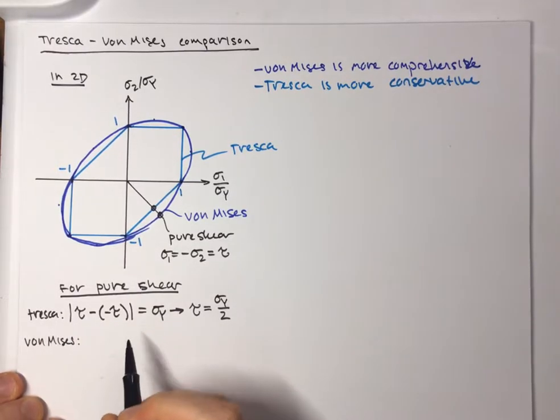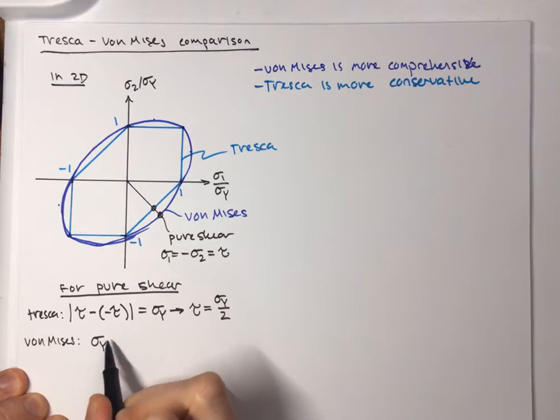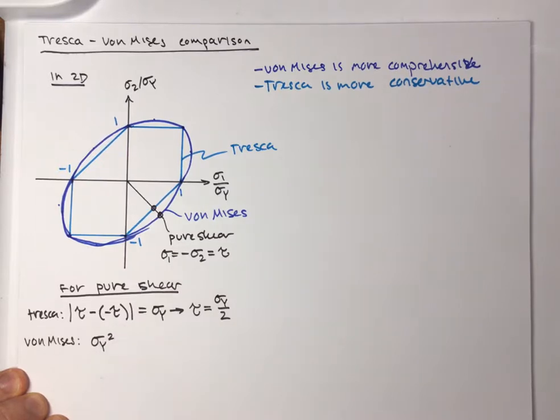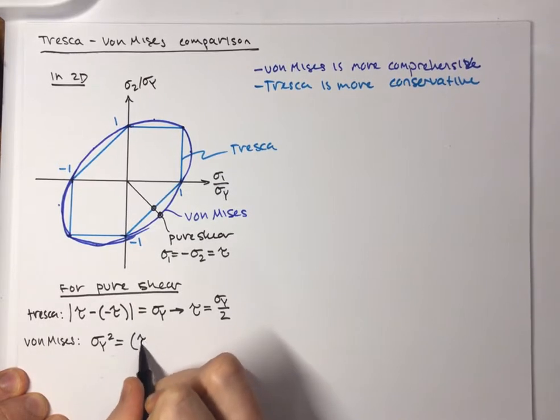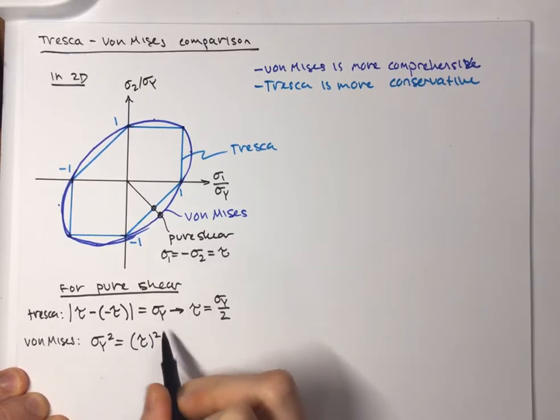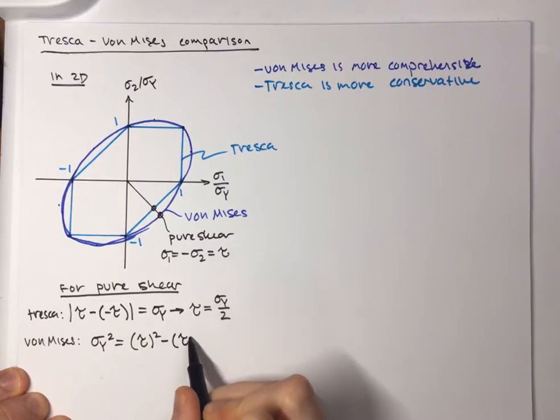And we said that for a state of plane stress, we had an expression like this. So this is sigma y squared. We're going to have a sigma 1 squared, so that's tau squared. And it's going to be minus sigma 1 times sigma 2.